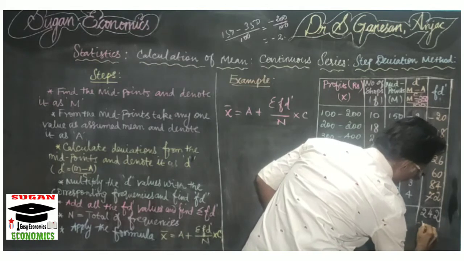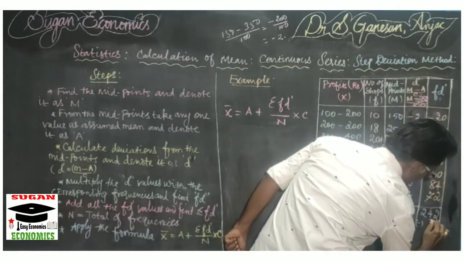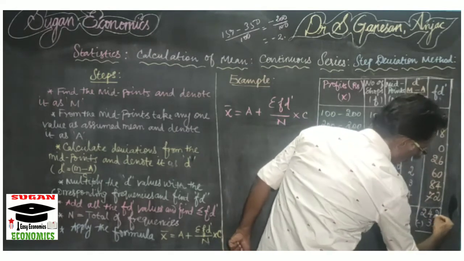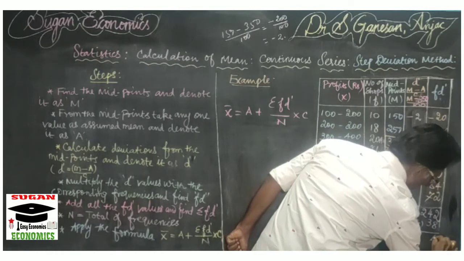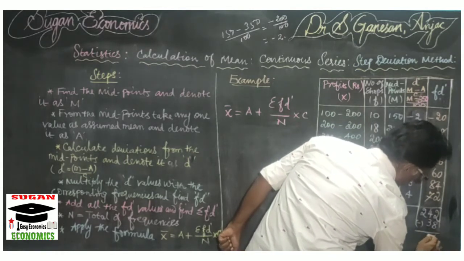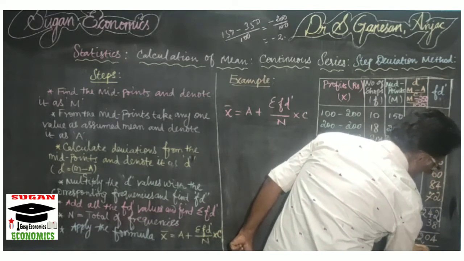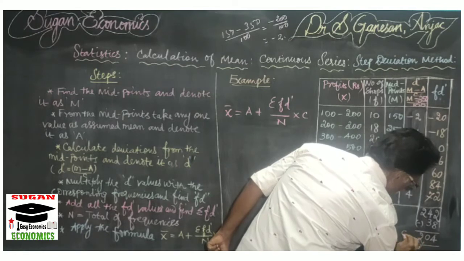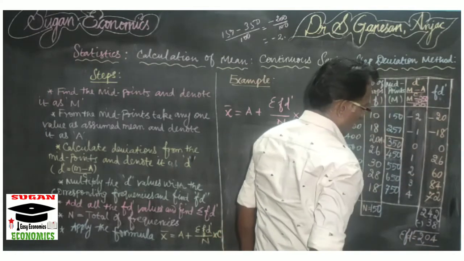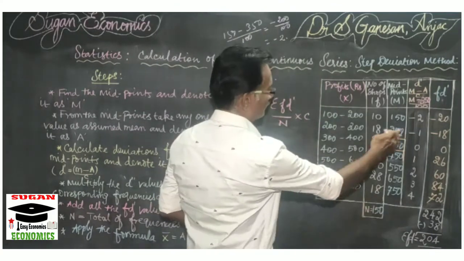Then the negative values total is equal to 38. Now you take the difference between these two, which is 204. So sigma f d dash is equal to 204. Now we have calculated all the values.